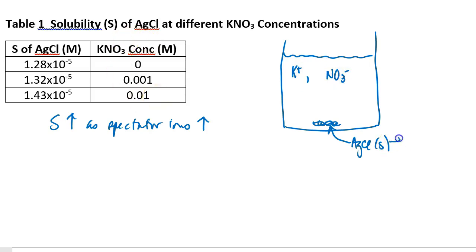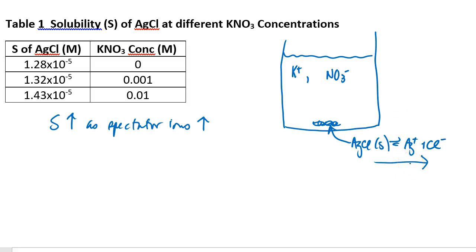So if I think about the dissociation of silver chloride, why should KNO3 have any effect on shifting this equilibrium to the right? Because that's what happens when you increase the solubility, doesn't it? You're getting more ions in solution, and I'm wondering why that happens. It's not like we have a common ion or anything.